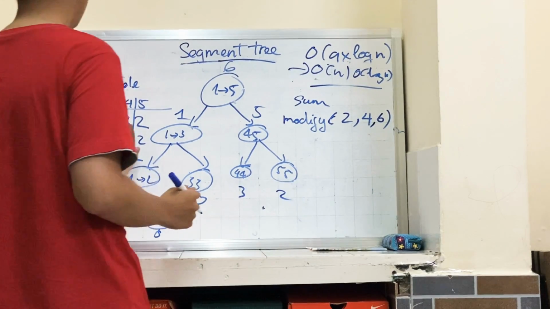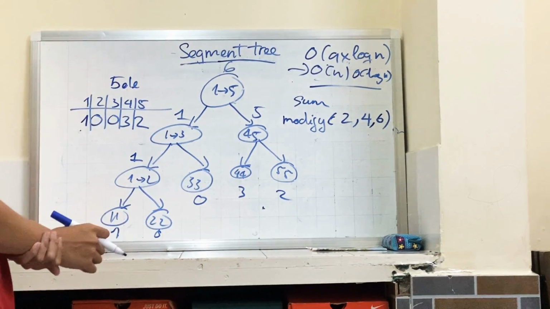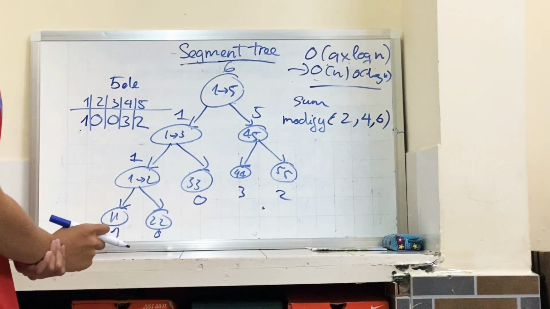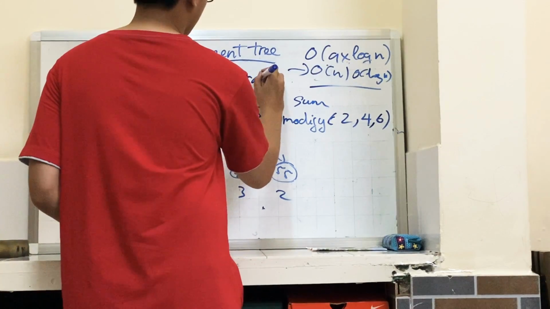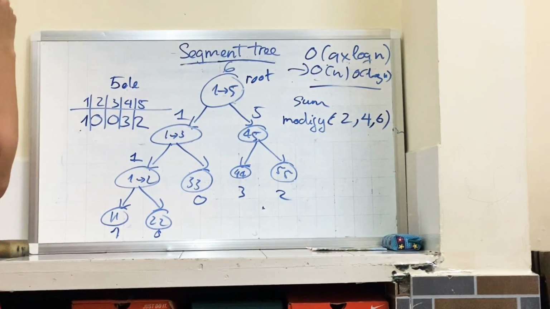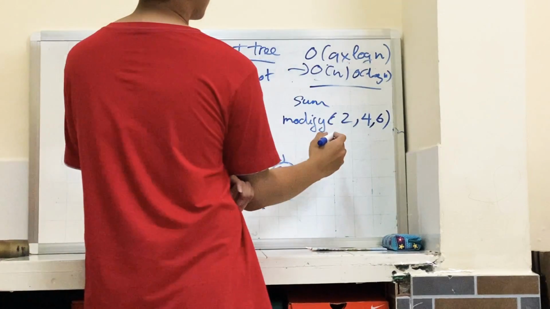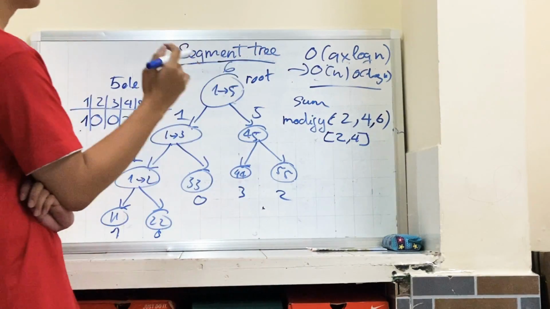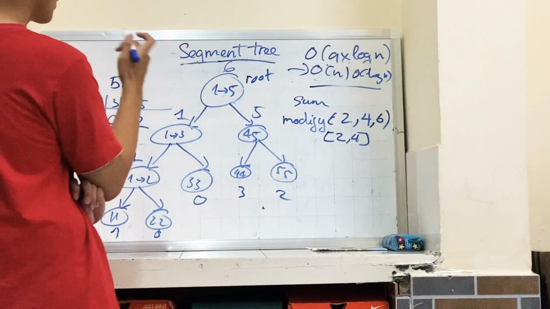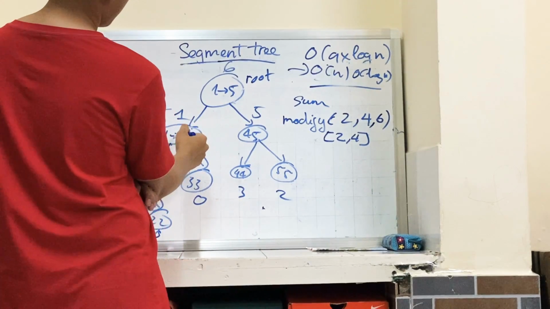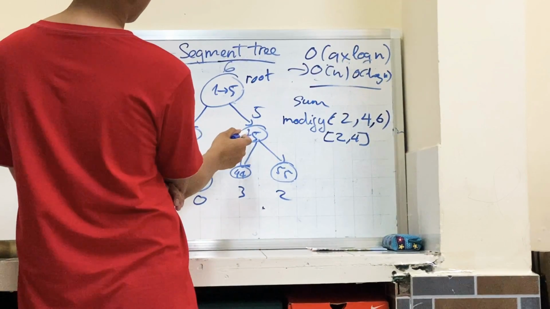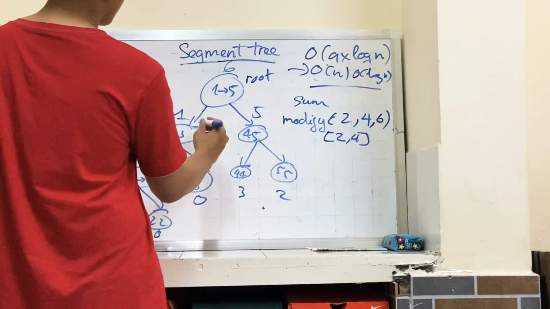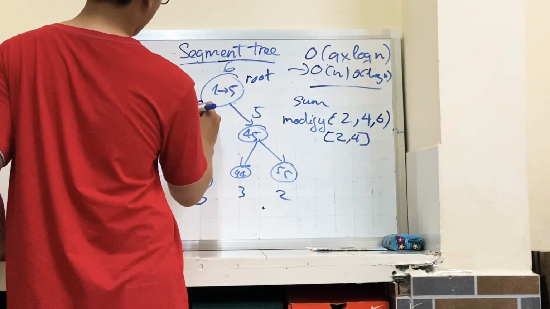At first we traverse the tree starting from the root node. We take the interval from 2 to 4, and it spans both sides of the tree, so we go deep in both sides.